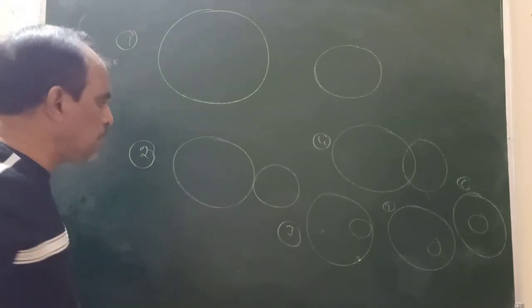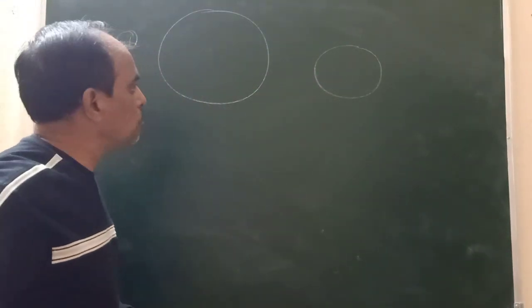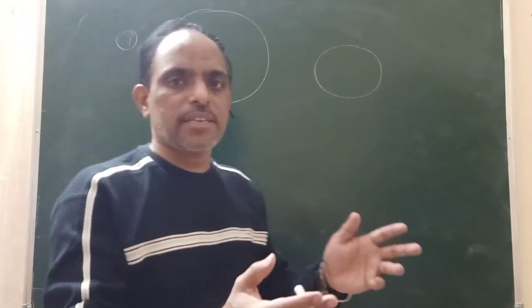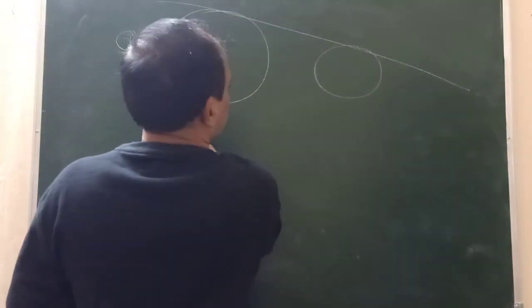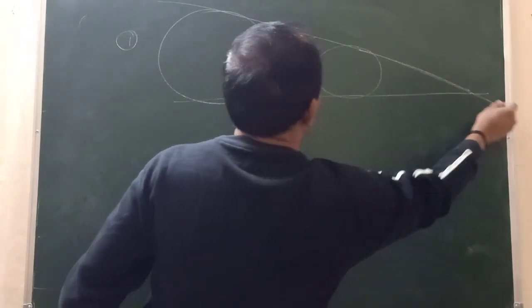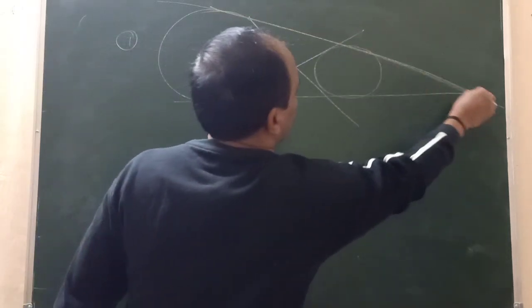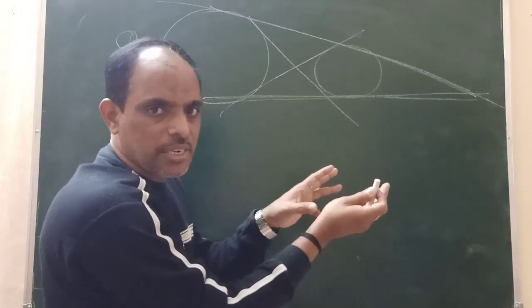Suppose I go with the first one. I will explain some important points here. So suppose 2 circles are given. If the 2 circles neither touch nor intersect, and are away from each other, then there exist these 2 and these 2, which are called common tangents. You see, this is a tangent common to both the circles.